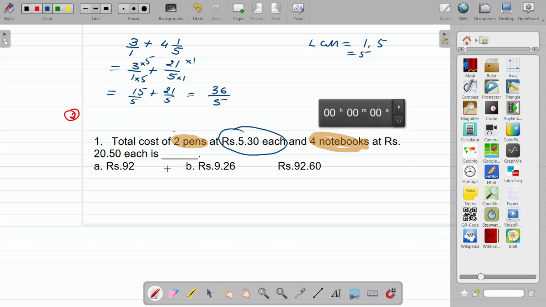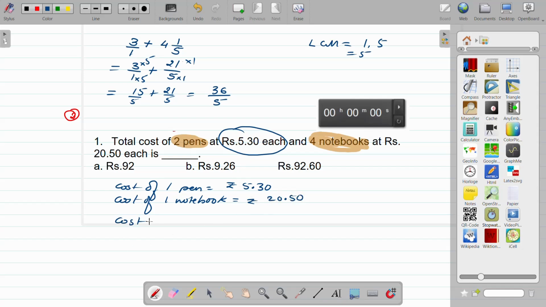That is, the cost of 1 pen is given. We write like this: cost of 1 pen is equal to rupees 5.30. And then the cost of 1 notebook is given. Each means 1, okay? Because of that, I'm writing 1 notebook is equal to 20 rupees 50 paise.